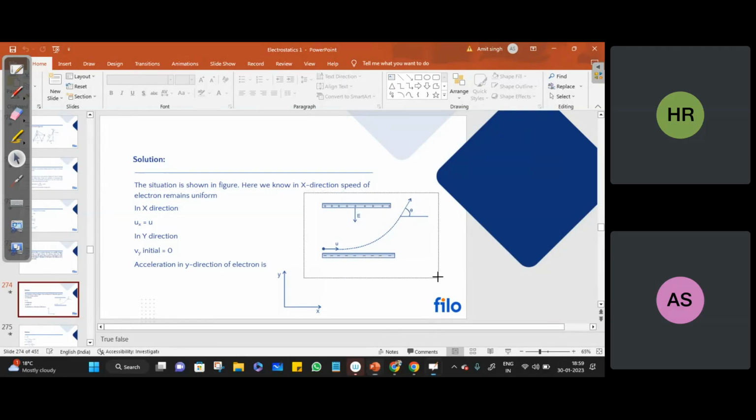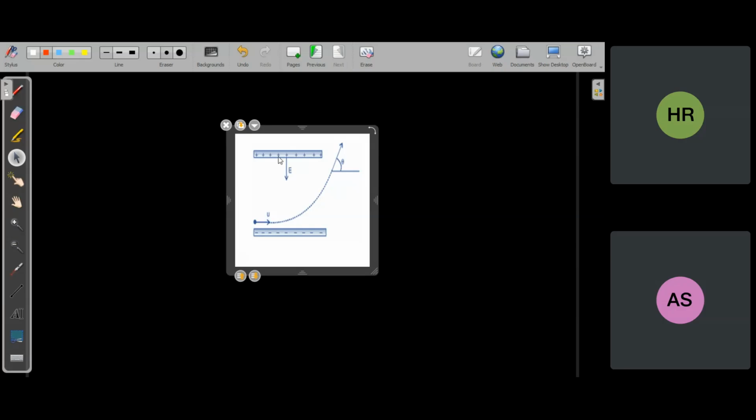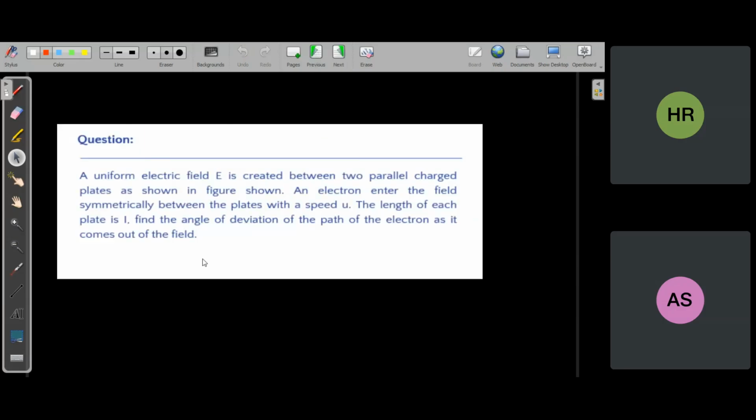I think this is the figure. Try this. Read the question. Try to understand. Understood the question? What you have to find?